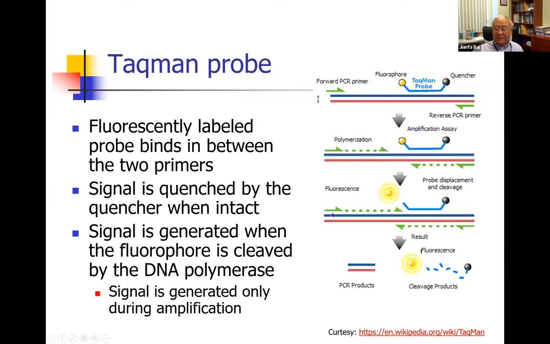Then the DNA polymerase comes in and chops the fluorophore out. Then the fluorophore is away from the quencher, and we see signal. So the major advantage here is that the signal is generated only during amplification. No amplification, no signal.